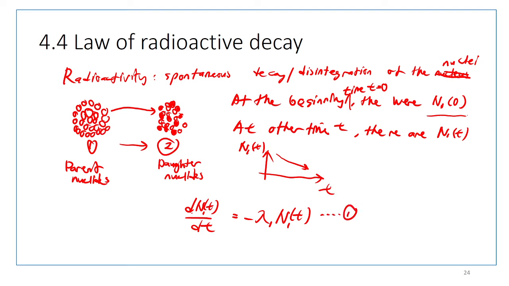On the left side is the rate of change of the number of parent nuclides at time t. It is proportional to N1 at time t. It means the more nuclides you have, the greater the rate of change.